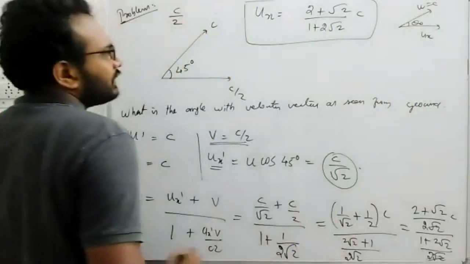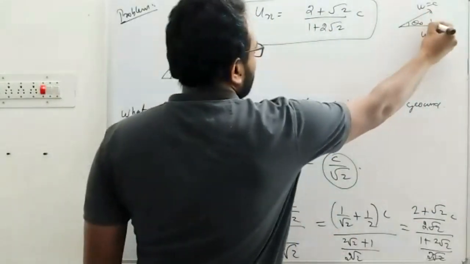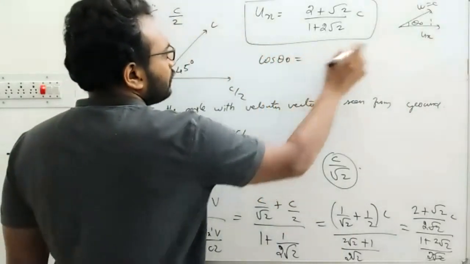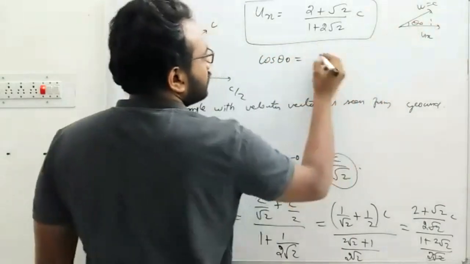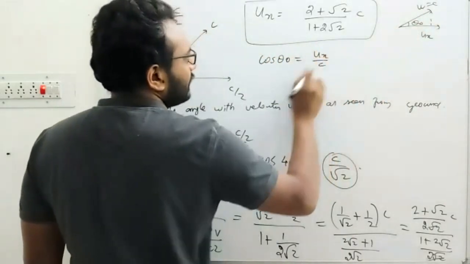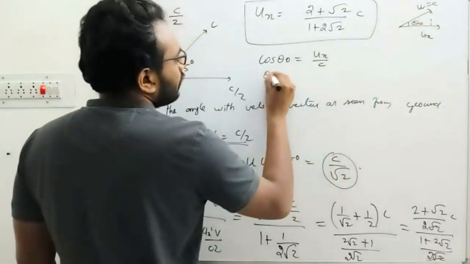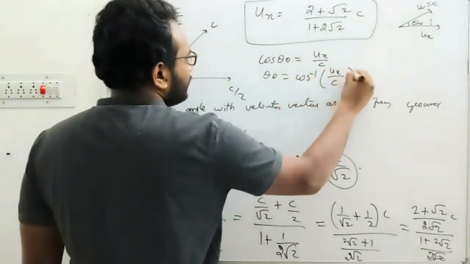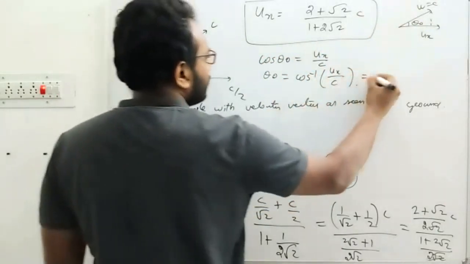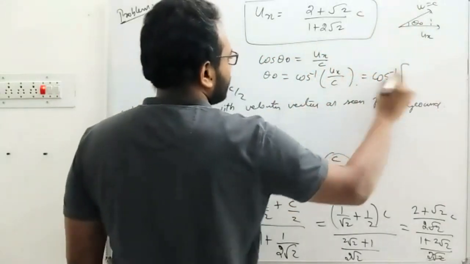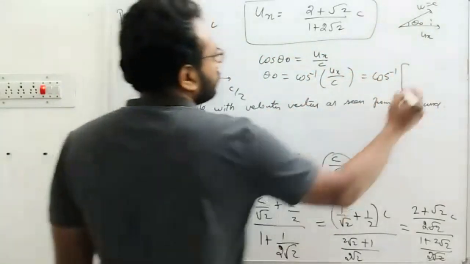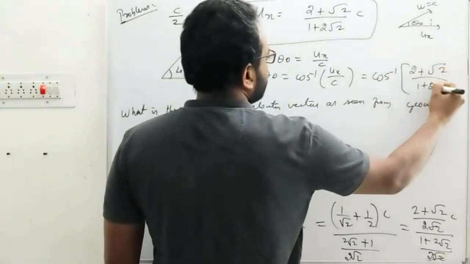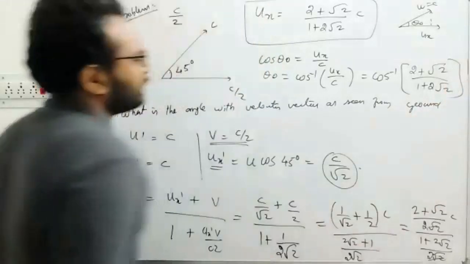You see that cos theta 0 is equal to ux by c, or theta 0 is equal to cos inverse of ux by c. So this c gets cancelled. That's equal to cos inverse of (2 plus root 2) divided by (1 plus 2 root 2). So that's the answer.